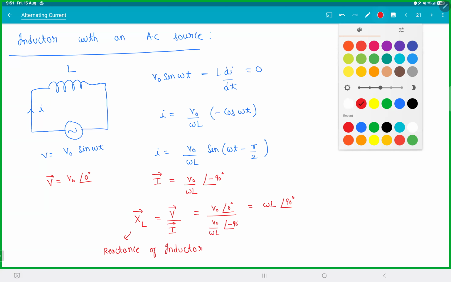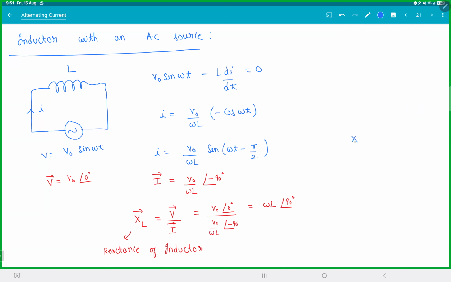That means if you look at this inductor, XL bar is omega L angle 90 degrees. If you convert this into a complex number, this will become J omega L, isn't it? There is no real number. That means you can replace an inductor with a resistor, a complex resistor, which is J omega L. Again, remember the meaning of J omega L. It is just a mathematical manipulation.